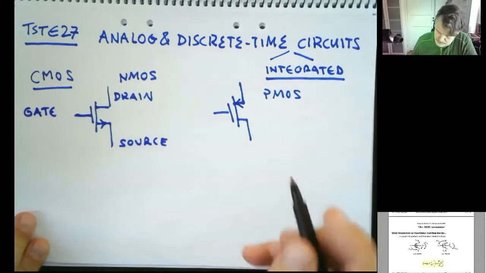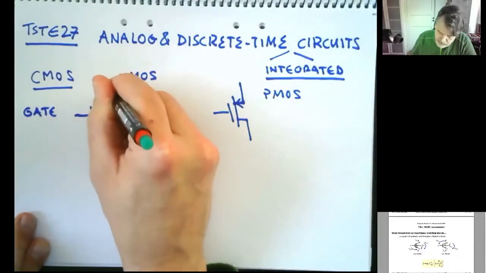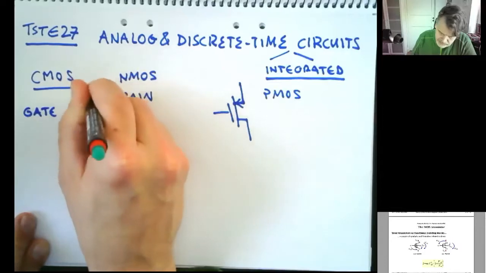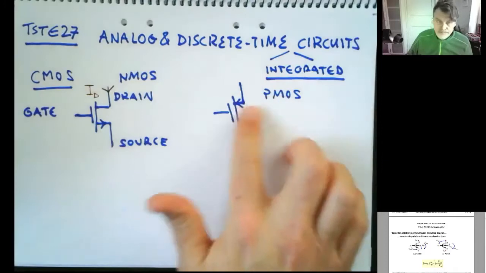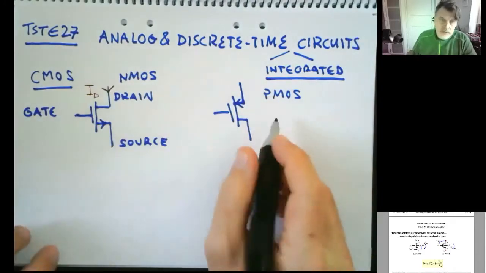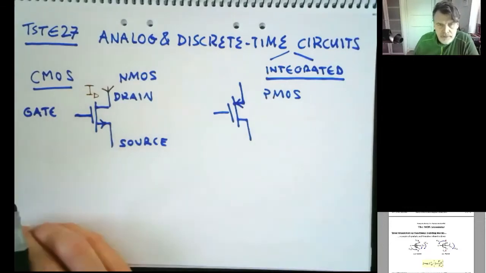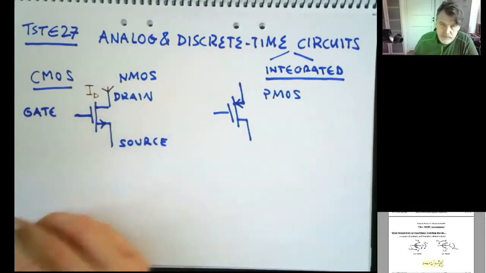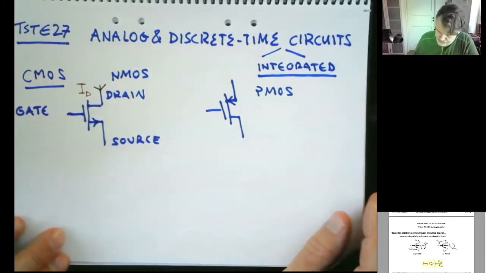We introduce some different voltages and currents associated with the transistor. So I'm going to introduce the drain current ID here. For now, we will not spend too much time on the PMOS. We will find that the PMOS is just flipping the NMOS from an equation and component point of view.